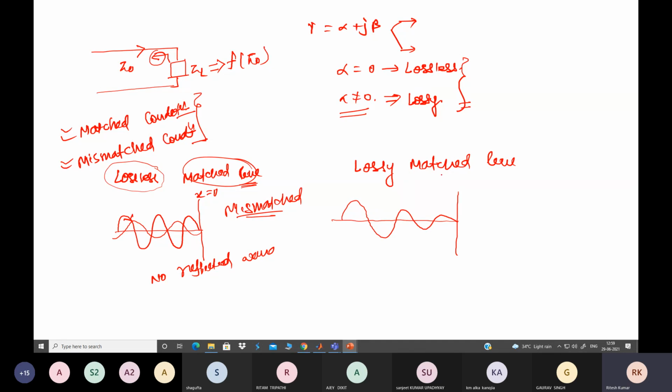Now see, in case of lossy and mismatched situation, we can observe one wave that will be reflected and that will decay with time. So this is the mismatched condition, but since the medium is lossy, therefore we can observe decay.